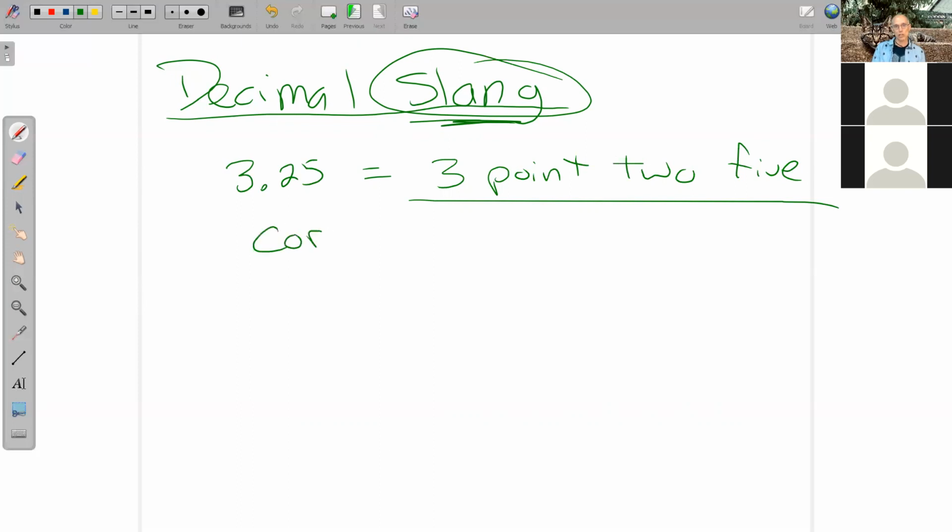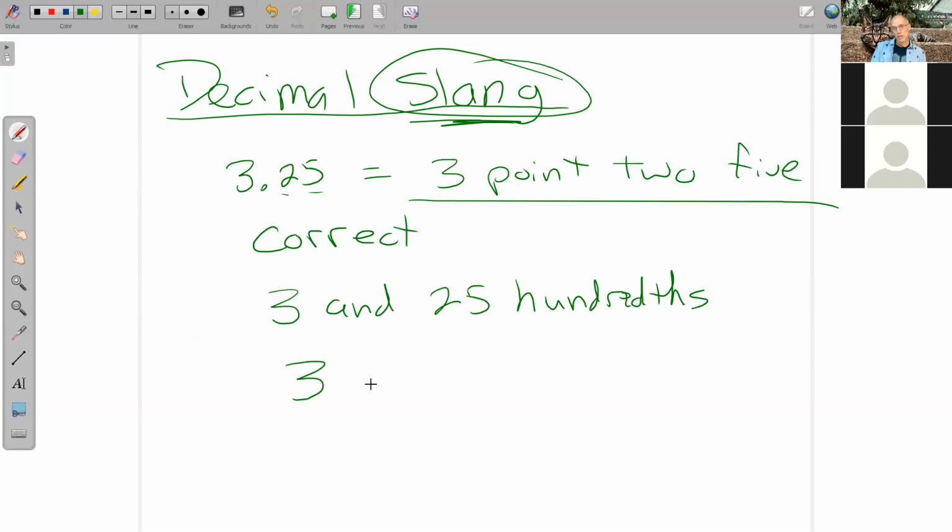The correct way is to identify the place value. So this is my tenths, that's my hundredths. So the correct way to read this is 3 and 25 hundredths. Three and 25 hundredths. 3 and 25 hundredths.